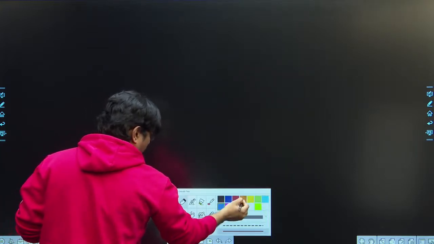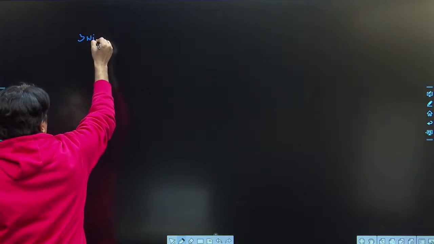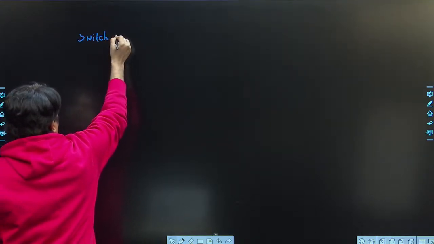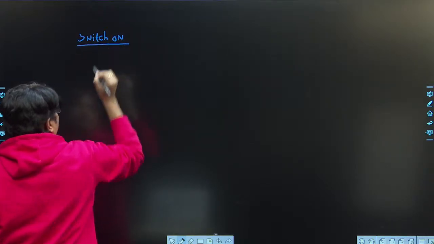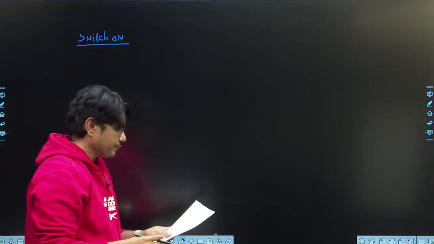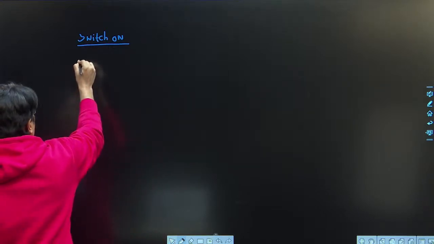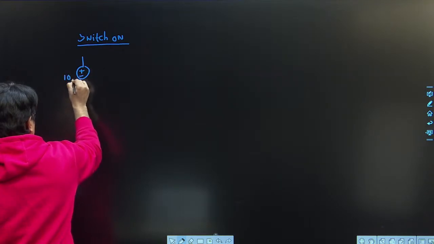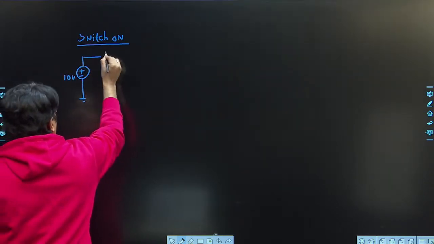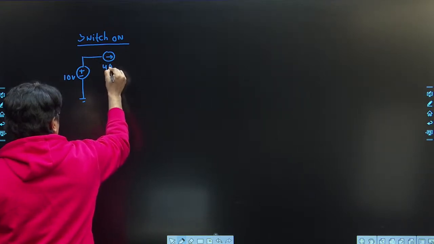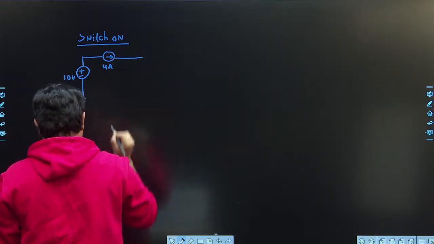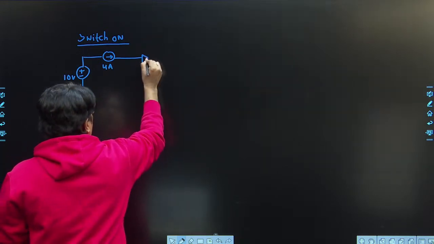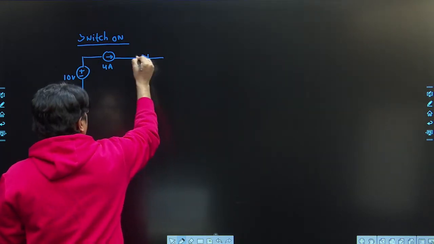When I consider the switch is on here, the circuit looks like this. I am redrawing the circuit. It is a 10 volts battery with a current source of 4 amperes. Next we have a diode D2.